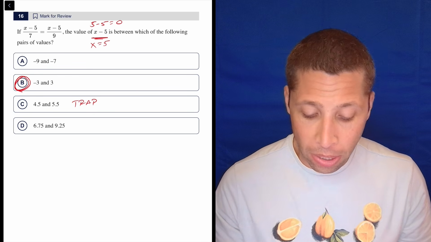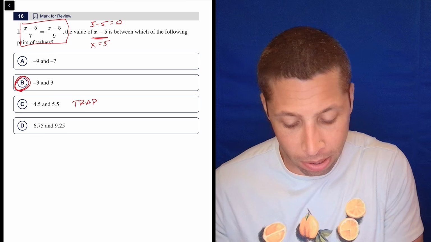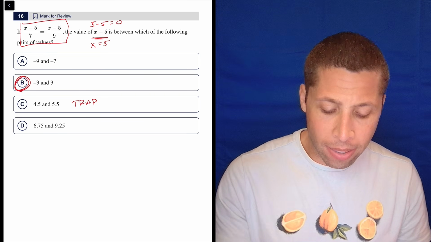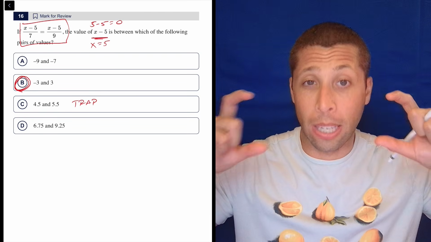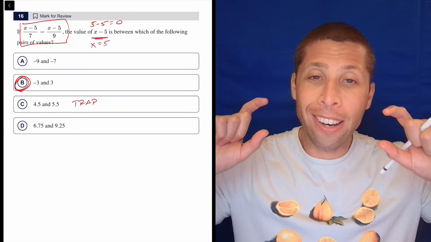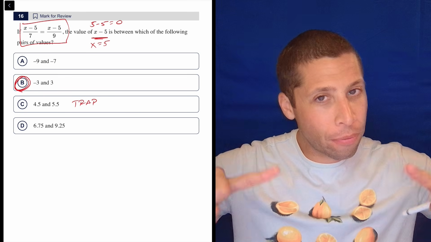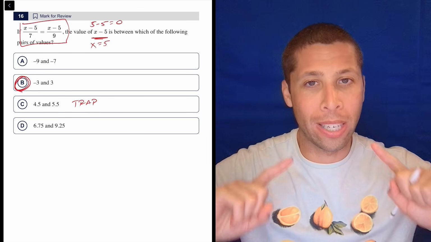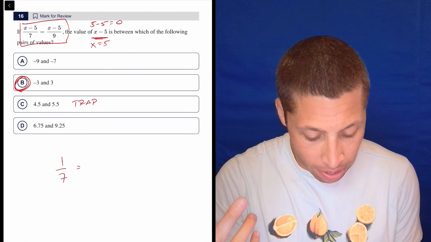Now, the reason some people can get this intuitively is because they understand the properties of the fractions themselves. They realize that for two fractions to be equivalent, with the same numerator, the same top, but different denominators, that's only going to happen in one case, right? Because let's just say we had 1/7 and 1/9.